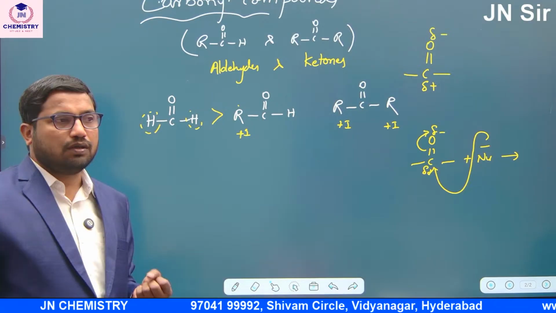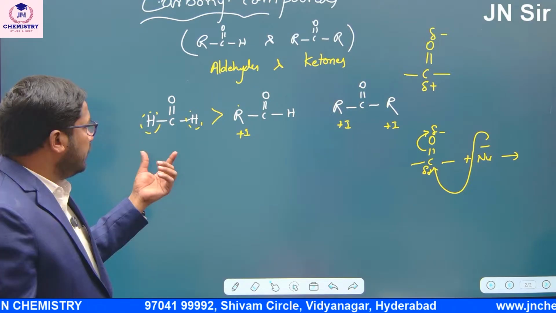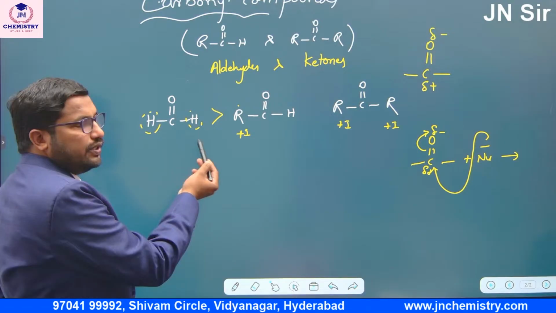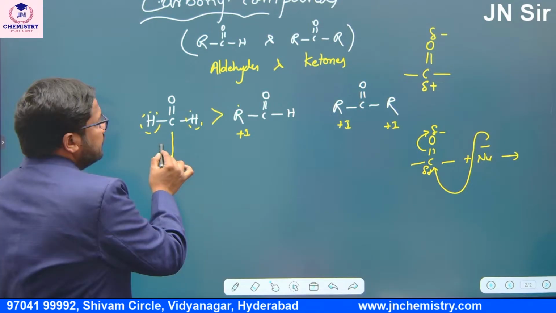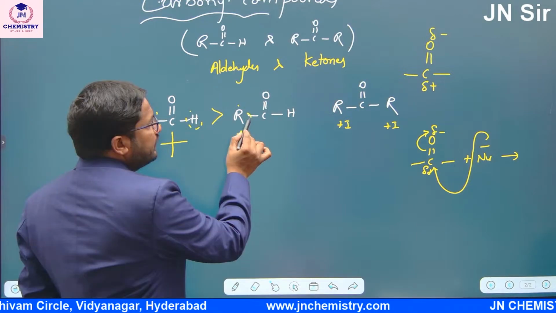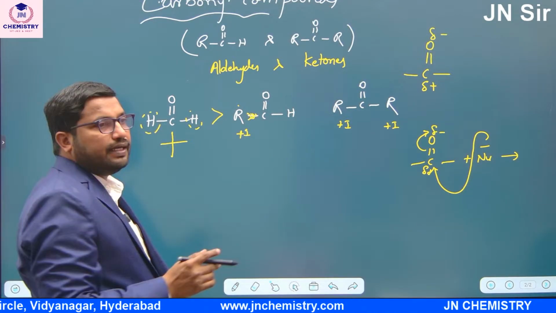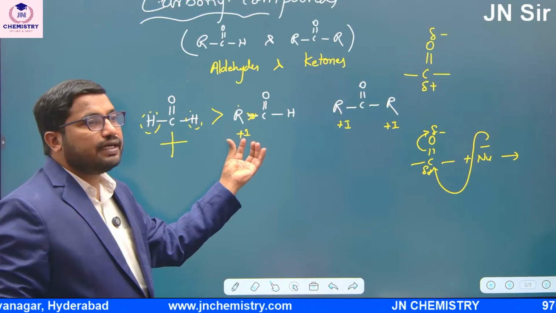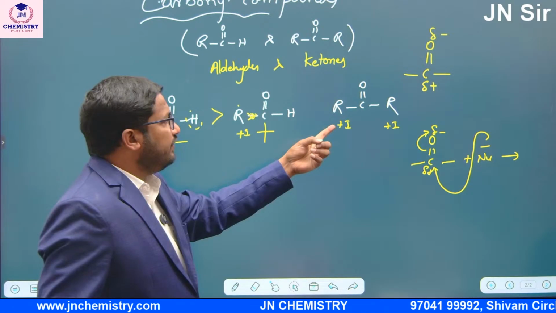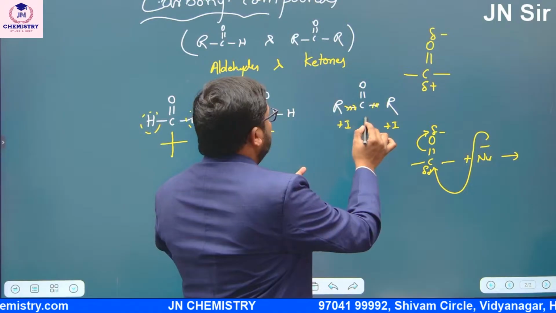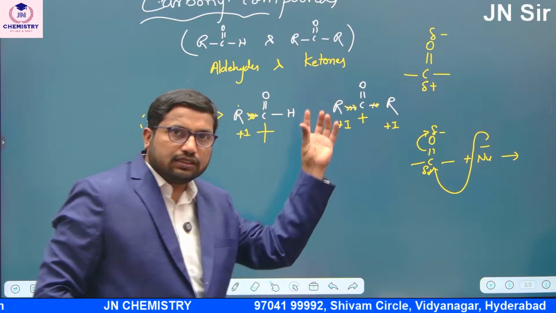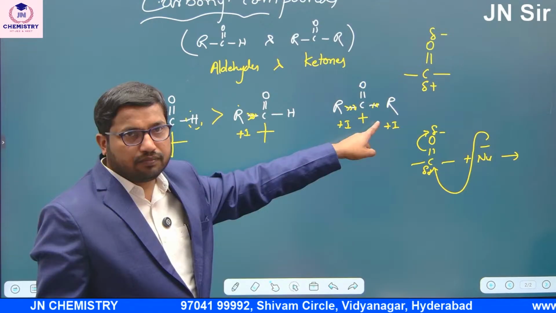A negative nucleophile wants more positive charge or less positive charge? More positive charge. So here, no plus I groups, no one is donating, so the positive charge is somewhat more. But here one R group is donating electrons, so automatically the electron density is somewhat more at this carbon. In this case two plus I groups are there, so the positive charge decreases, meaning electron density is more.